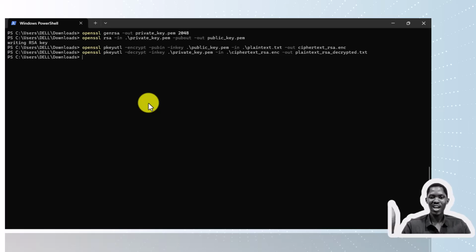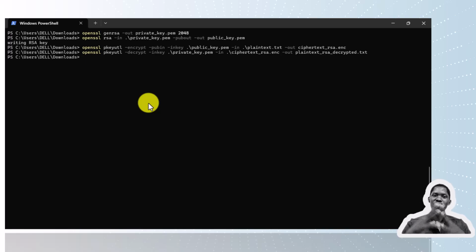Now, one caveat that I want to talk about here is that for RSA, there's a limitation that comes with it as regards the size of the file you can encrypt with it. The size of the file you can encrypt with RSA is dependent on the size of the key itself, the RSA key.